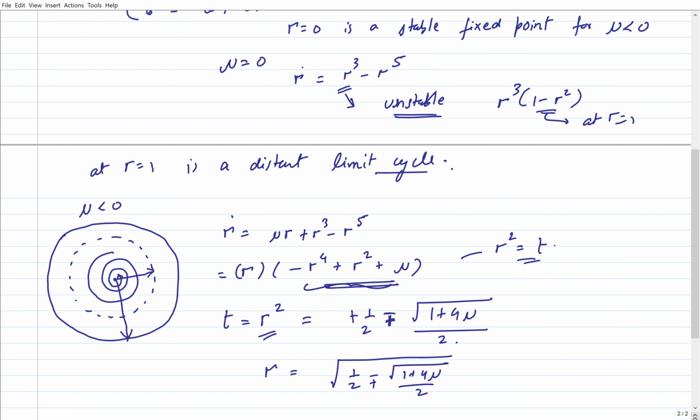One of them turns out to be stable and the other turns out to be unstable. So I'll just label them. This attractor was at r equals the square root of half minus the square root of 1 plus 4 mu, over 2.